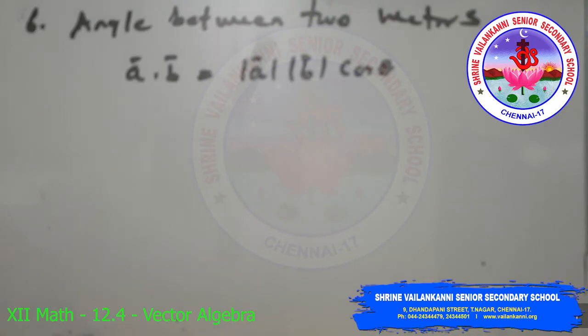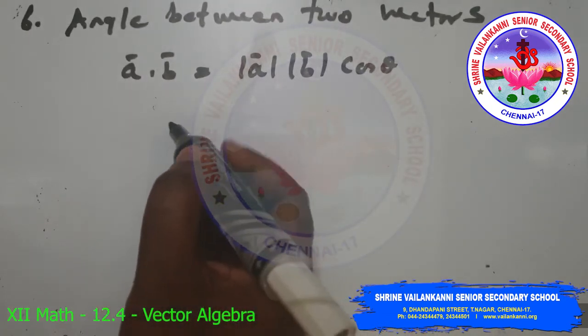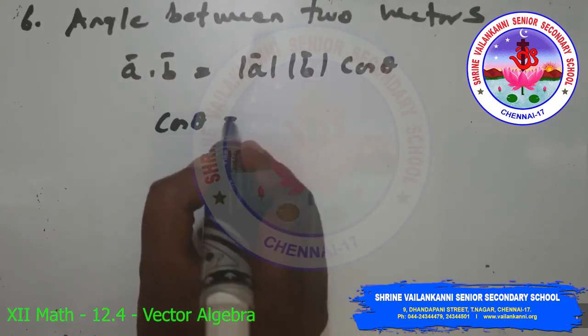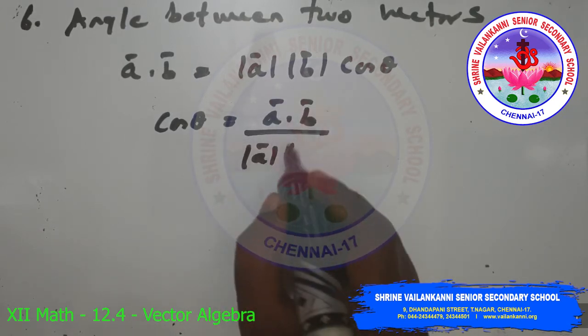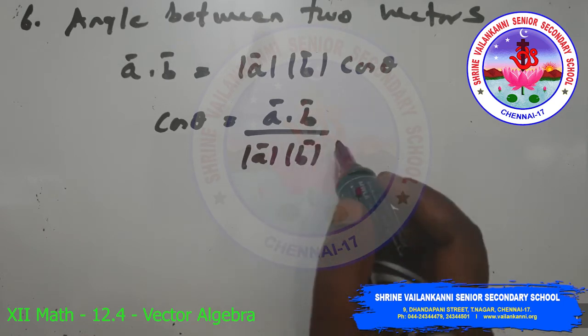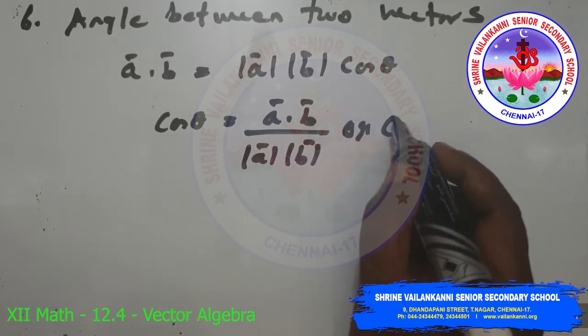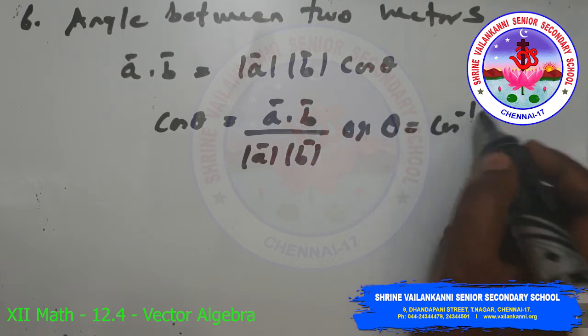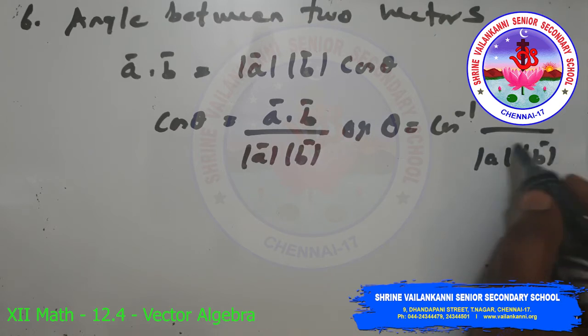Sixth one, the angle between two non-zero vectors a and b is given by a dot b equal to magnitude a into magnitude b cos theta. So from this, cos theta equal to a dot b by magnitude of a into magnitude of b, or theta equal to cos inverse of a dot b by magnitude a into magnitude b.